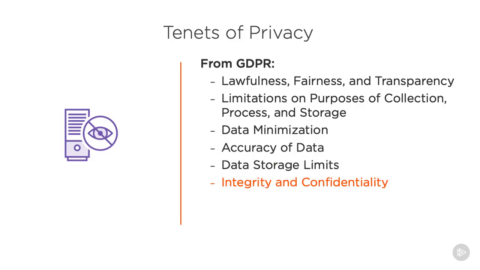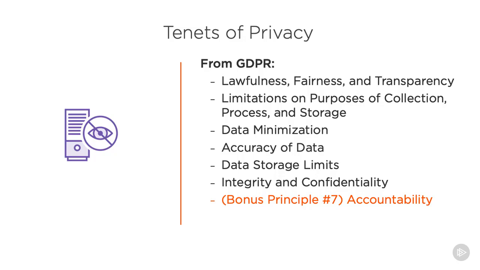And on top of that, we must deal with our data to protect the integrity and confidentiality of that data and our transactions with other individuals. There is one additional principle that we call a bonus principle, and that is accountability. An organization is accountable for what it does, and individuals are accountable for what they do with the data.